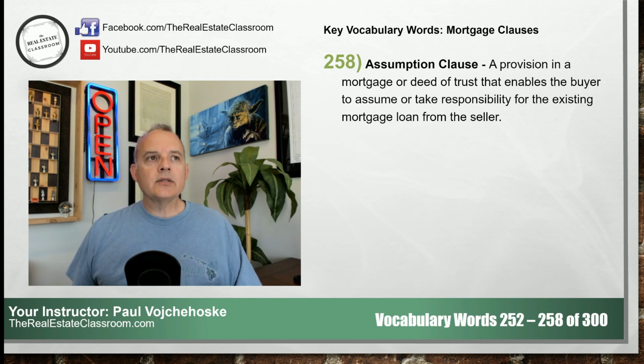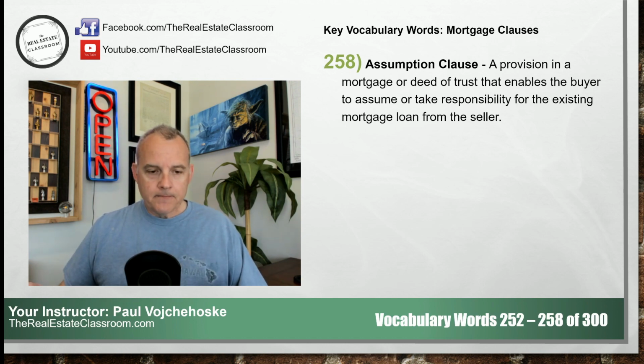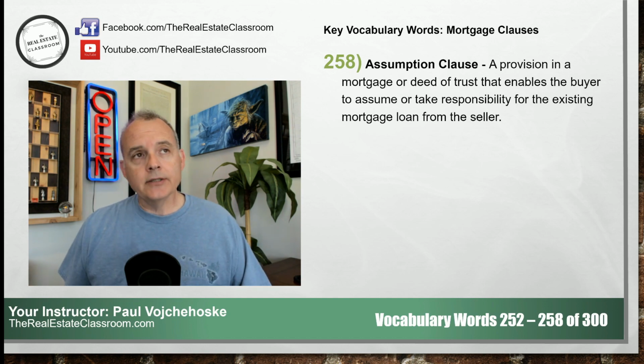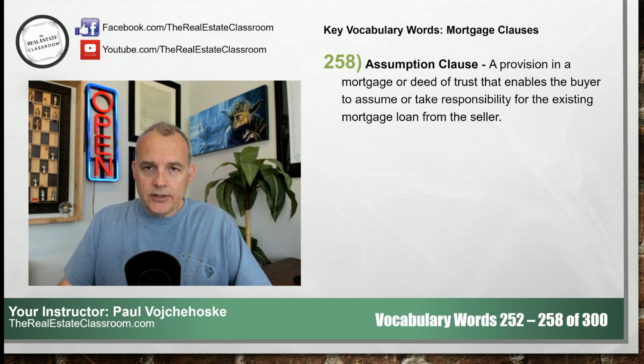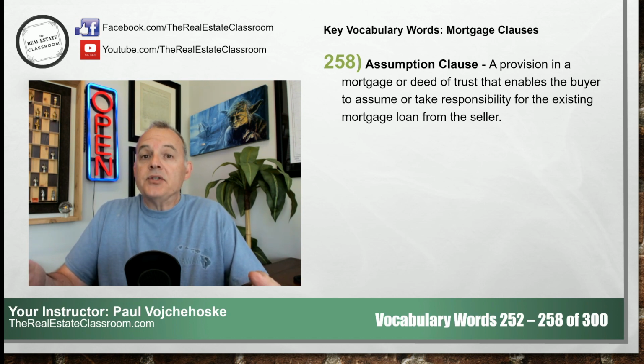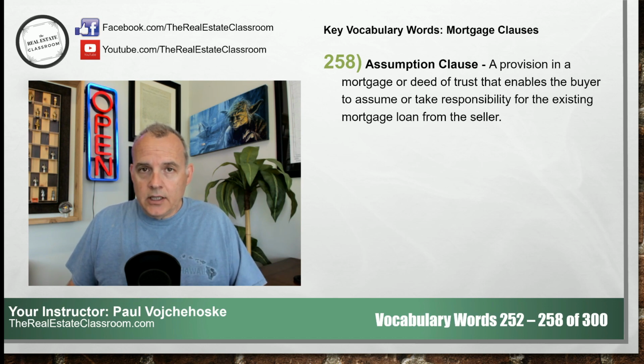So, let's say that I have a Veterans Affairs loan and I got it 10 years ago and I've been making my payment and I decide to sell my property and the buyer is a fellow veteran and the veteran wants to assume my loan. Well, I'm going to transfer title to that buyer, but they're going to simply take my current and existing VA loan over.